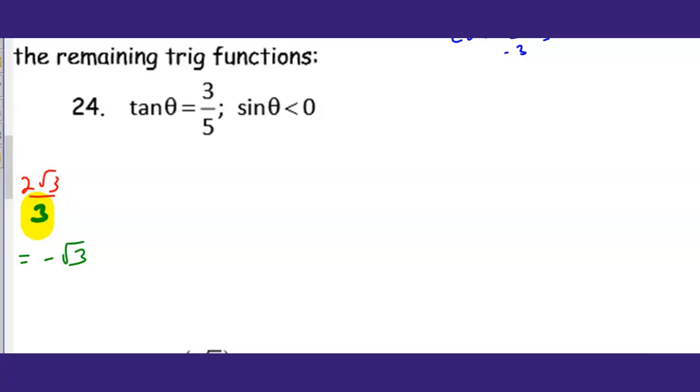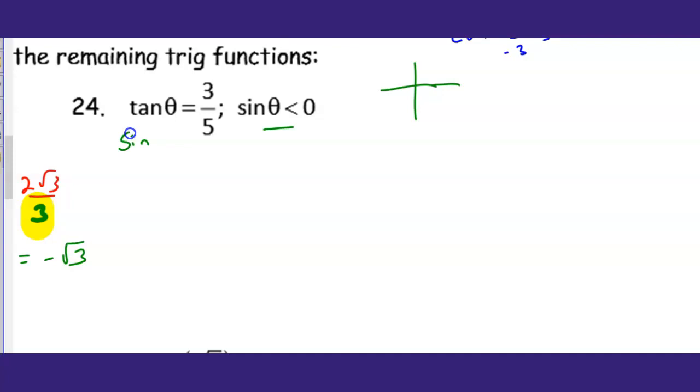Alright, 24 now. Same rules apply. We're going to first figure out what quadrant this is in. Sine is less than 0, which means that's negative. Now, tangent, a little more involved right here, guys, but it's not scary.